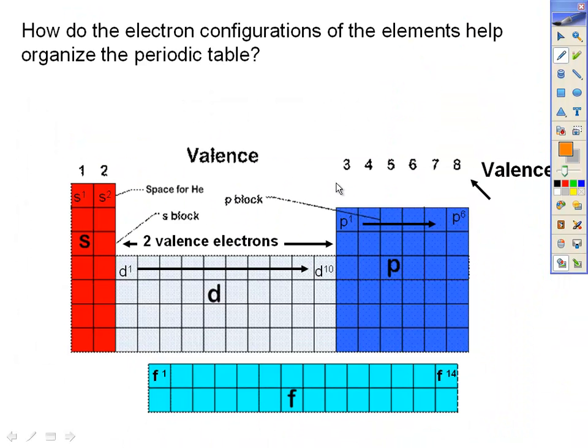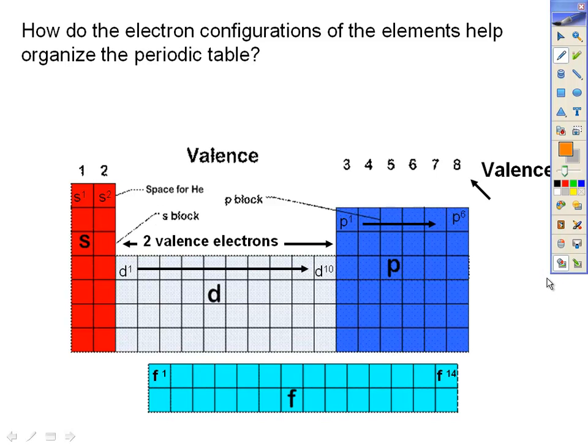And I have another picture here. This is the same kind of deal. We've got our S, P, D, and F blocks. We've got S1, S2, P1 through P6, D1 through D10, and F1 through F14, but now we've got valence electrons too. One thing I want you to label, both on your periodic table in your notes and on the periodic table reference sheet you actually have, is the number of valence electrons.